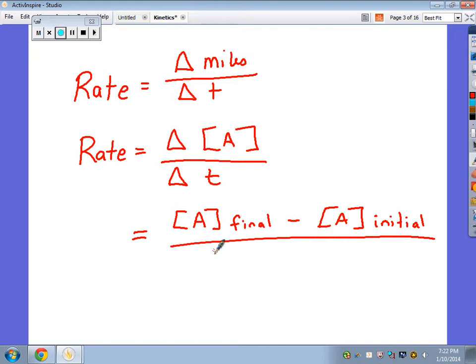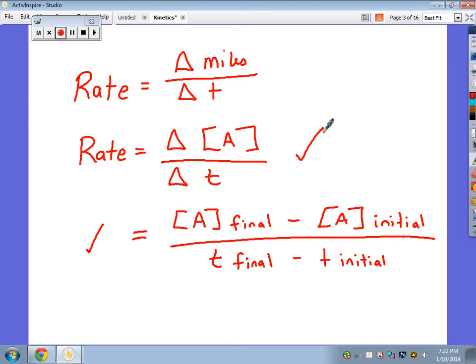We're going to do time the same way: time final minus time initial. So this equation is just this version written out, explaining what that delta means.